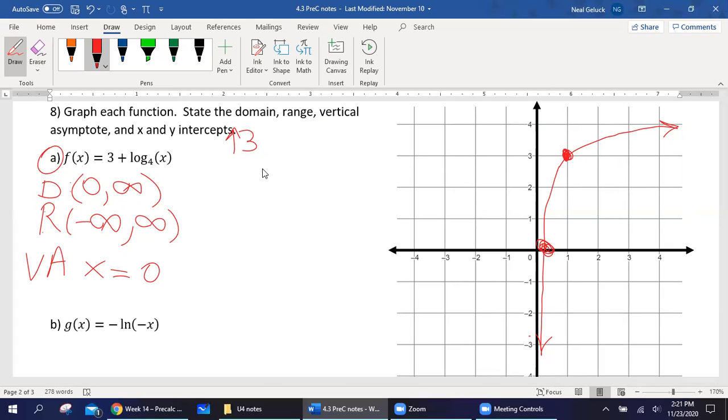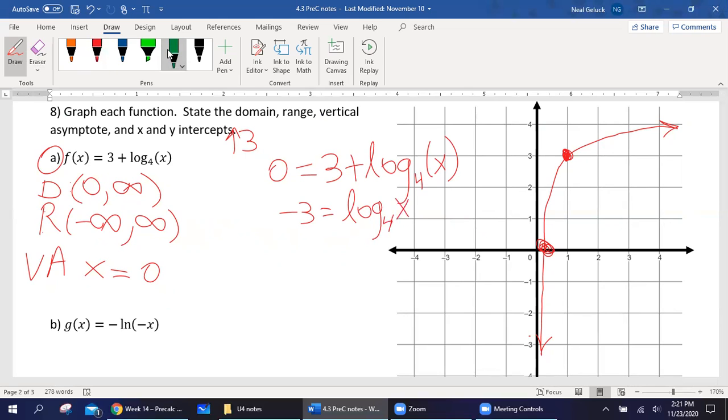So we have to say, all right, if I'm hitting the x-axis, set y equals 0. So this would be 0 equals 3 plus log base 4 of x. Before I do loop-de-loop, I've got to get the logarithm by itself. So this would be negative 3 equals log base 4 of x.